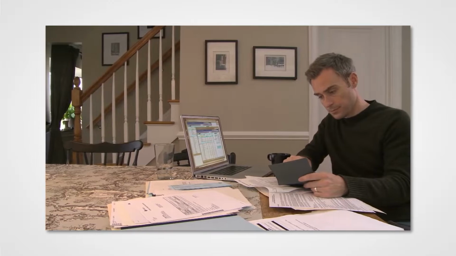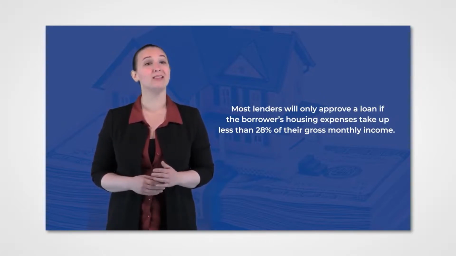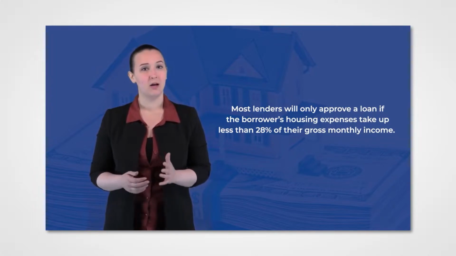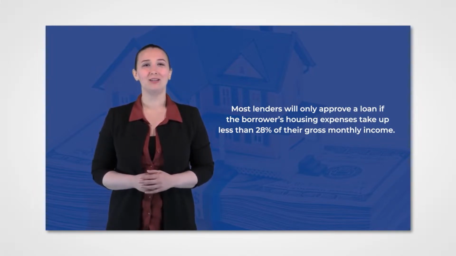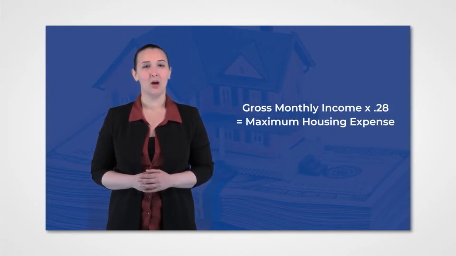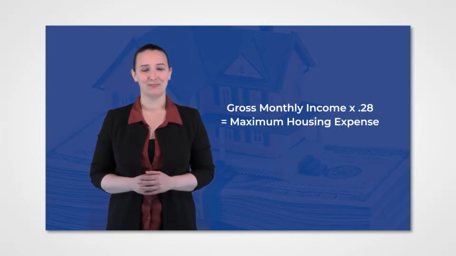Related to this are the maximum housing expense and the maximum total debt. Most lenders will only approve a loan if the borrower's housing expenses take up less than 28% of their gross monthly income. So, the formula used to find a borrower's maximum housing expense limit is gross monthly income multiplied by 0.28 equals the maximum housing expense.